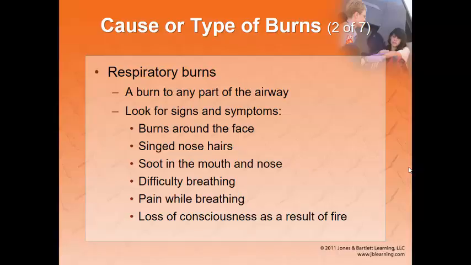Now, what do all burns do? Burns of the arm, burns of the legs, burns of the feet, they all swell. So if somebody has an inhalation burn, it's going to start to swell. And we look for signs and symptoms of inhalation burns or respiratory burns based on burns to the face, singed nose hairs or singed hair on the top of the head that, you know, you can see how hot the face got.